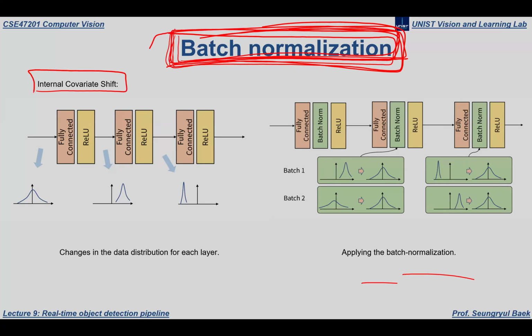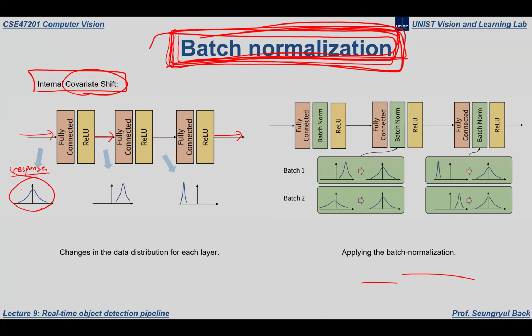Batch normalization is the scheme that tries to solve this type of covariate shift problem. This is the CNN architecture, and suppose this is some distribution of the responses, the CNN responses, their scales.